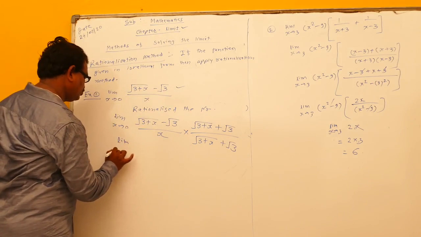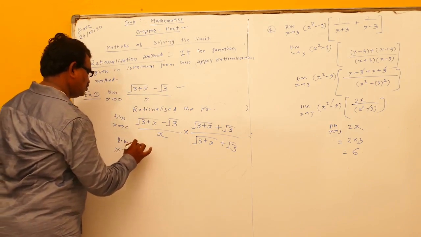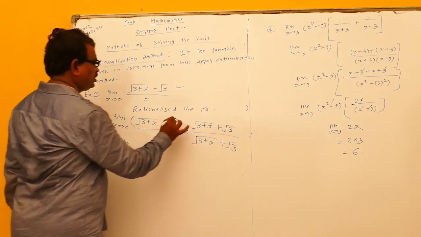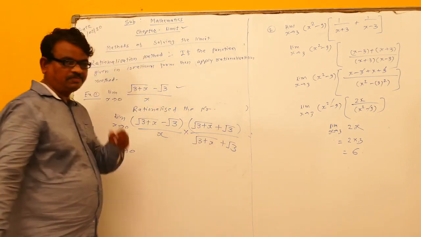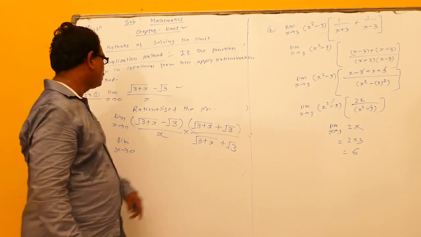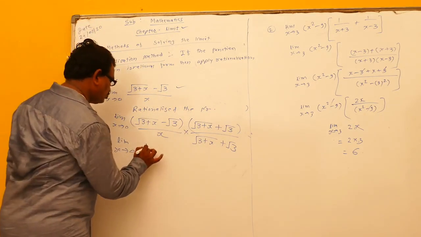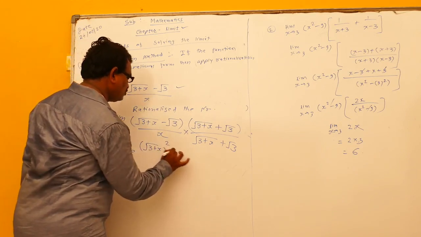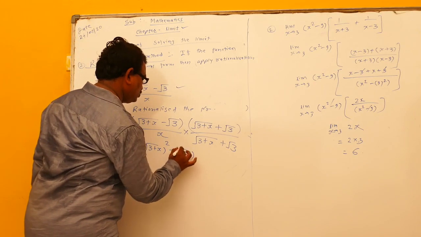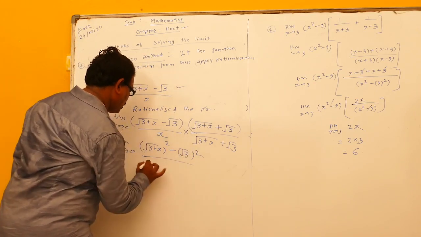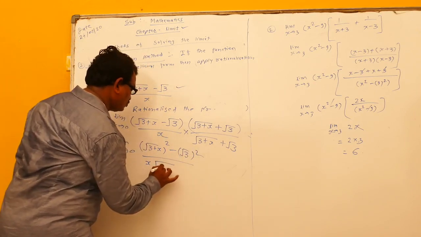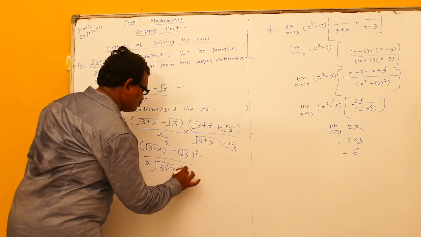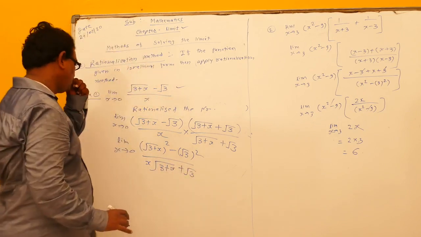Limit of x tends to 0. Here it is (a minus b)(a plus b), numerator multiplied by numerator. Therefore, a square minus b square: (root 3 plus x) square minus (root 3) square, divided by x into (root 3 plus x plus root 3).